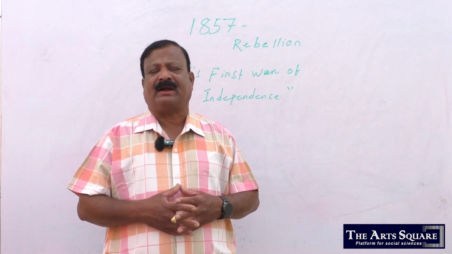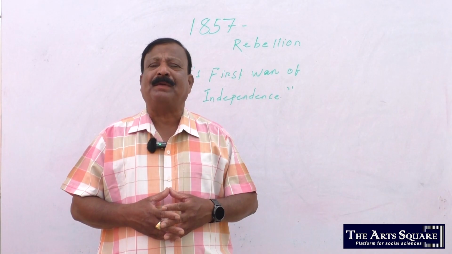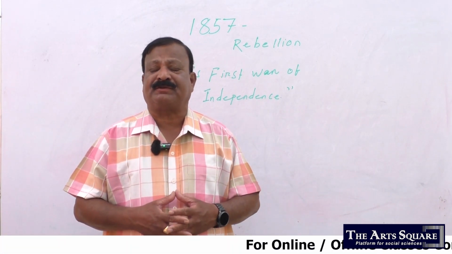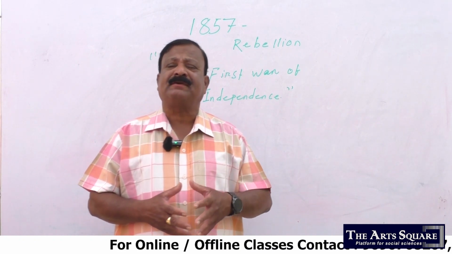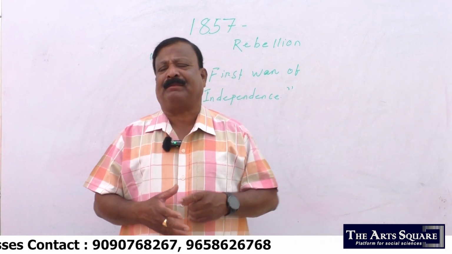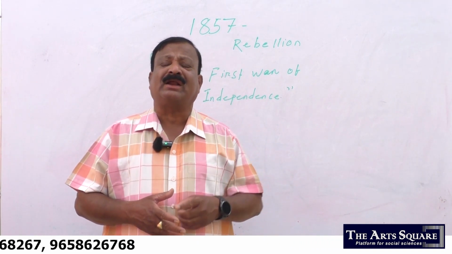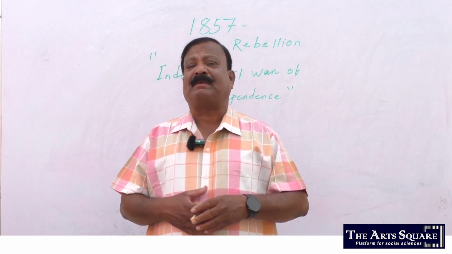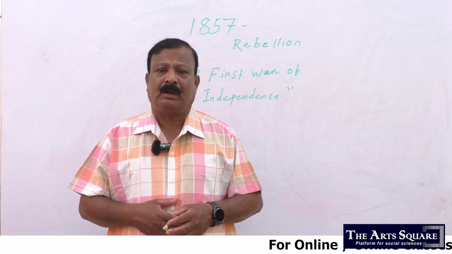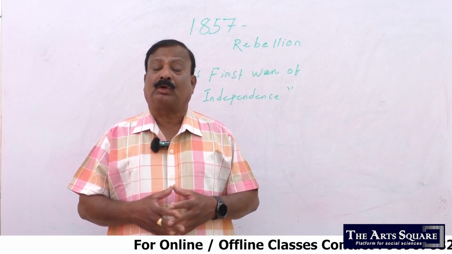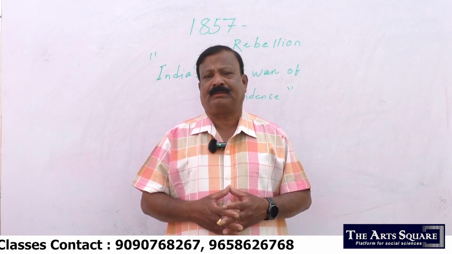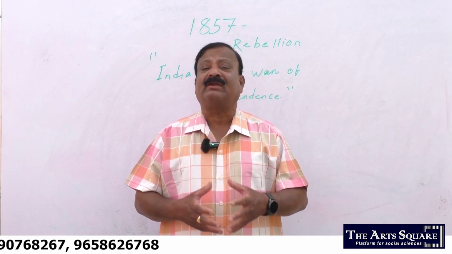But the question is, why did the people start the revolution after 100 years? Because the British became the ruler of India in the year 1757, but the people started the revolution in 1857, exactly after 100 years. If the people tolerated the British oppressive rule for 100 years, why did they start the revolution?